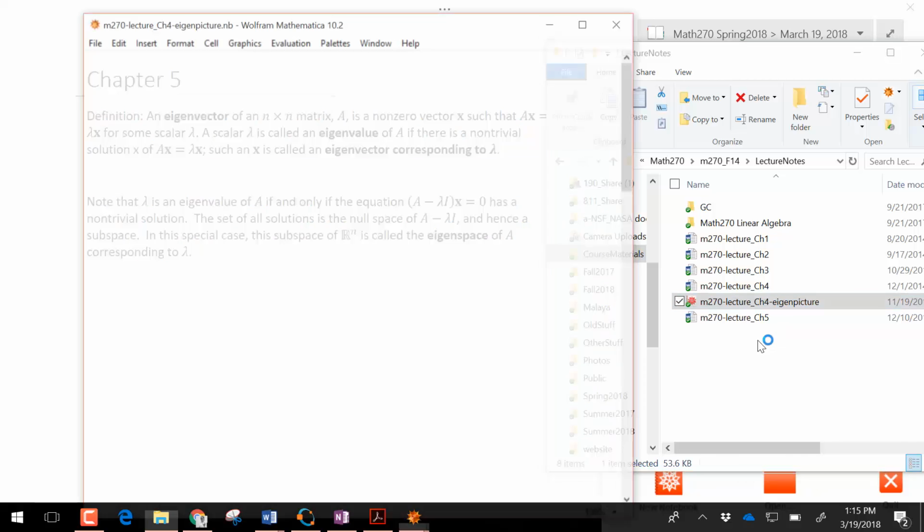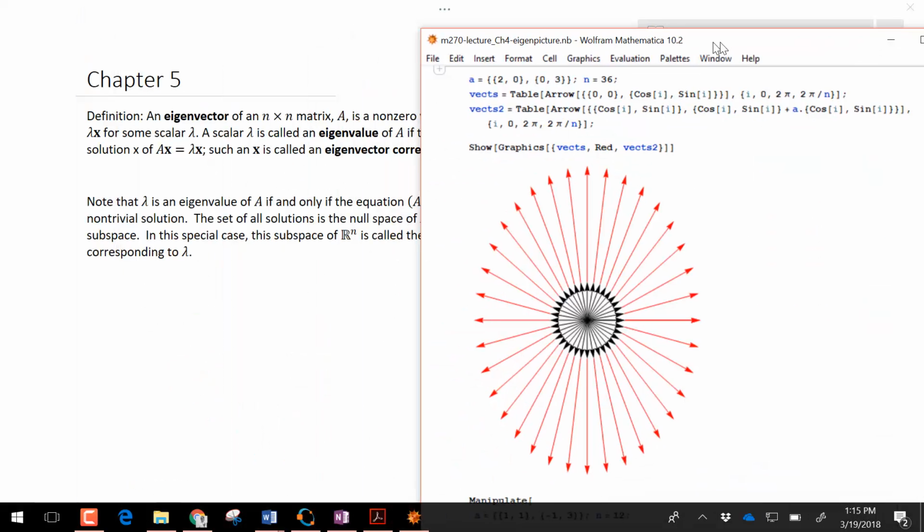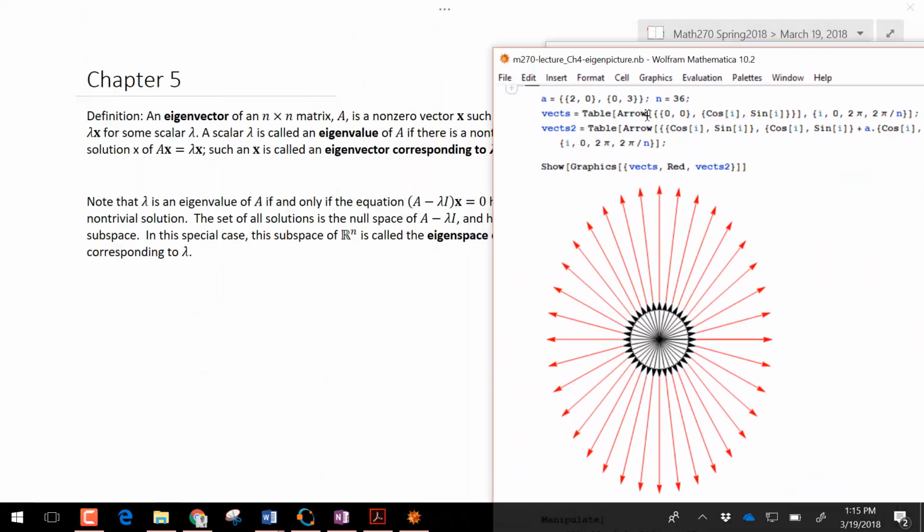Eigenpicture. That's about as good as it gets, right? What's this? There's sine and cosine. All right.